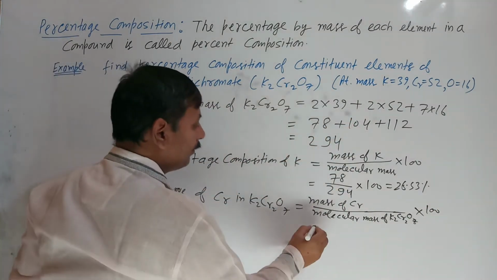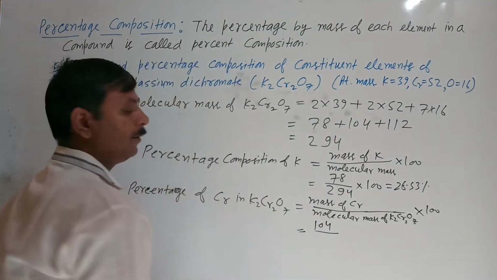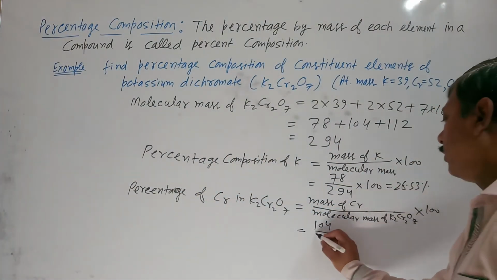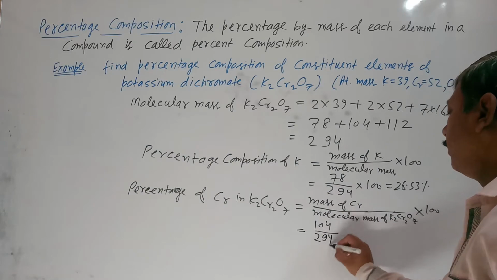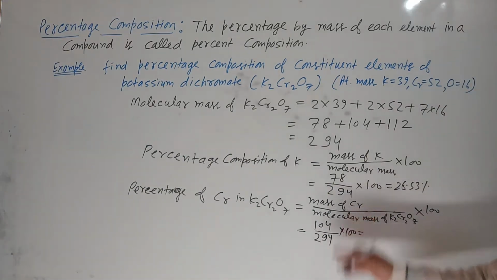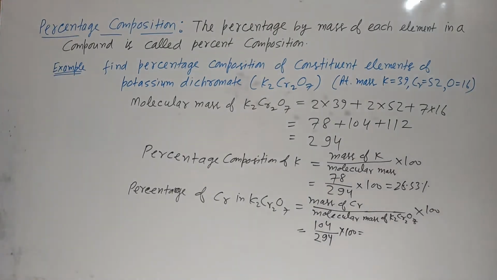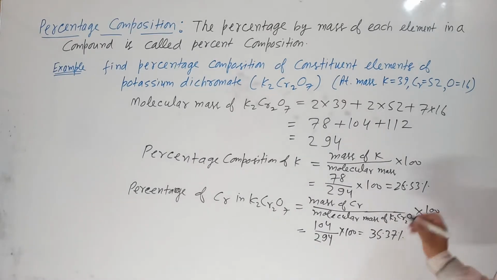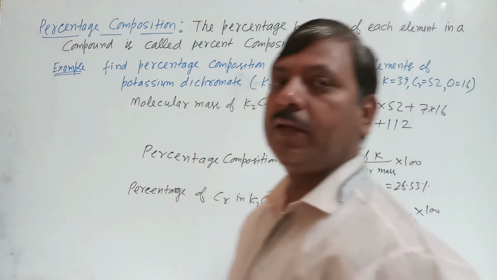Here mass of chromium, that is 104, divided by molecular mass 294 multiplied by 100. Solve this, divide, it will come 35.37%. If you calculate the percentage of chromium in potassium dichromate, so that is 35.37.